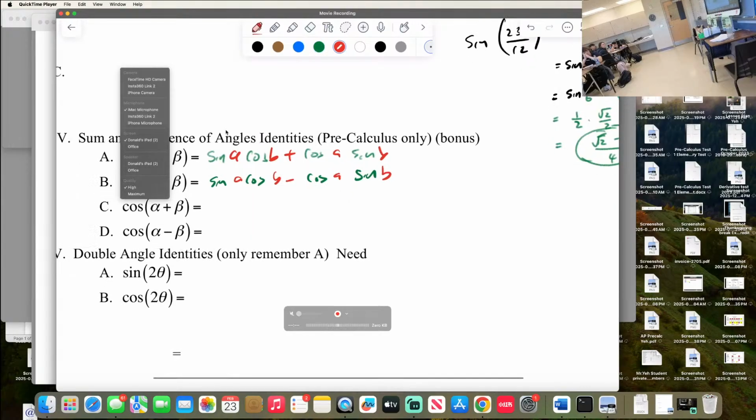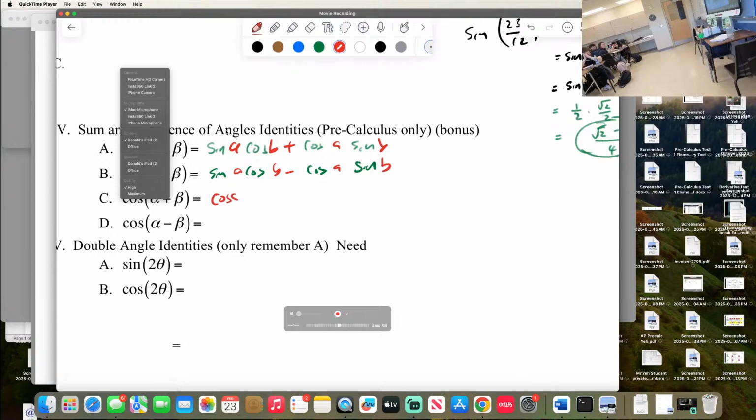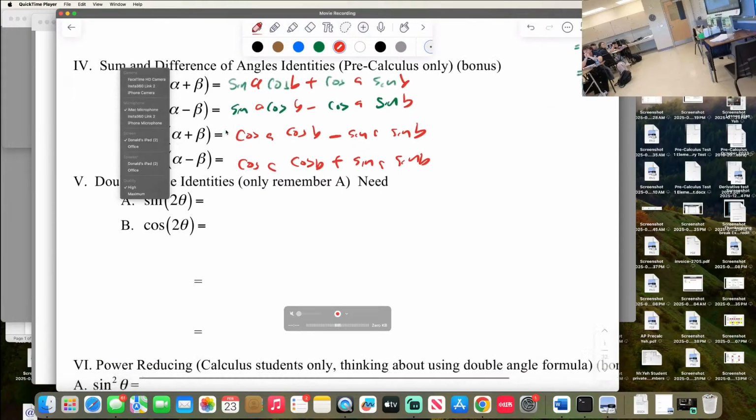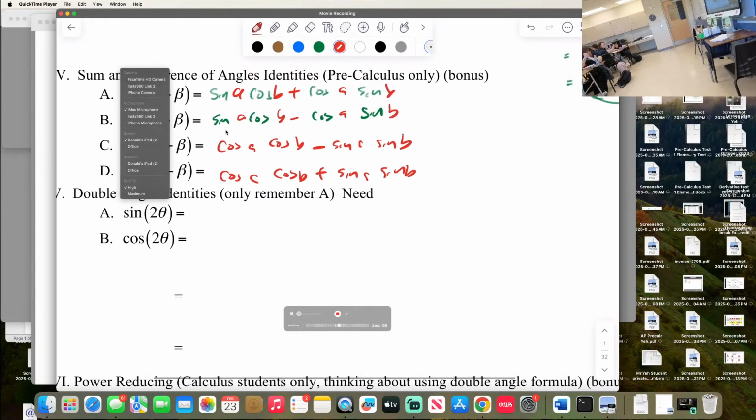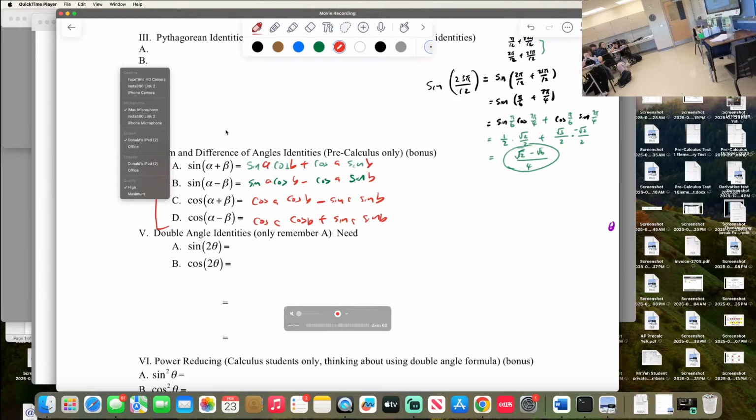Is that okay? And then this one is going to be cosine, cosine, sine, sine, over cosine, cosine, sine, sine, and this is A, B, negative plus. And thank you, Gia. So that's going to be the sum and difference. You're going to have to use this for whatever you are looking for, those interesting angles that are not usually on the unit circle.